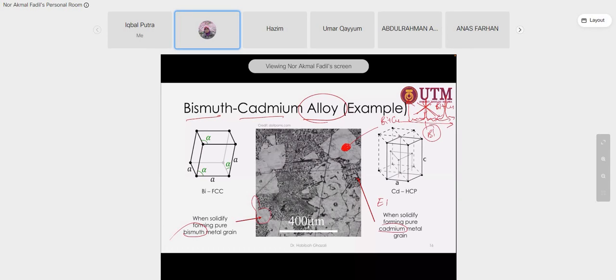Energy dispersive X-ray. We have this kind of equipment in mechanical, in UTM, a lot in UTM. This equipment can tell you, if you point here, what kind of element it is. If you point here, it can tell you what the element is. So under this kind of analysis, you can see whether or not you obtain an insolubility alloy phenomenon.